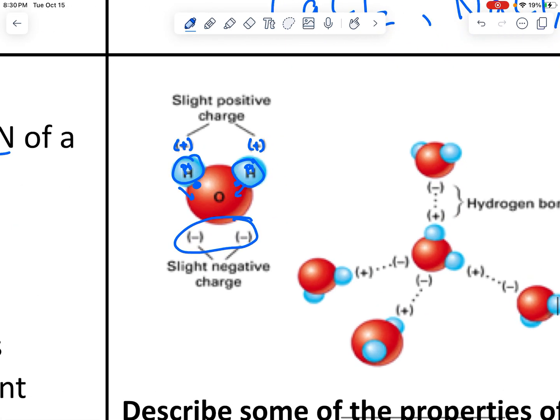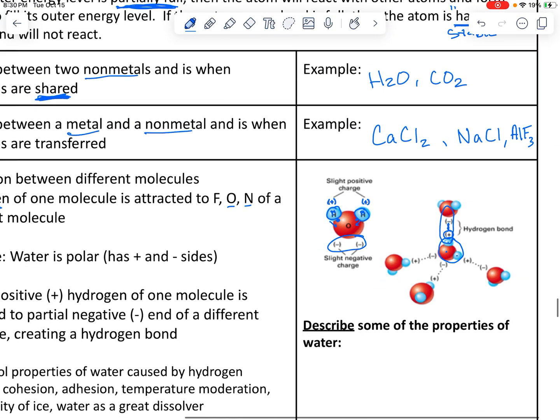If you take a look here, here's a water molecule. I always call it the Mickey Mouse molecule. Okay, oxygen is the face. The ears are hydrogens. Remember, the ears are positive. So this hydrogen is going to be attracted to the oxygen of another water molecule. Because opposites attract, you get a force of attraction there, and that force of attraction is called a hydrogen bond.